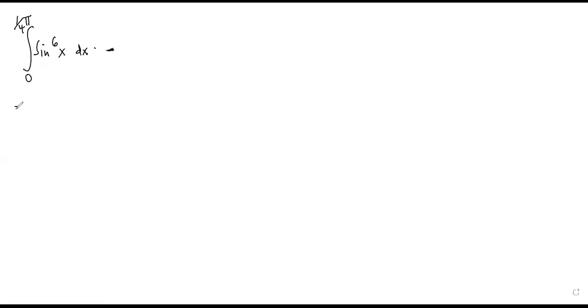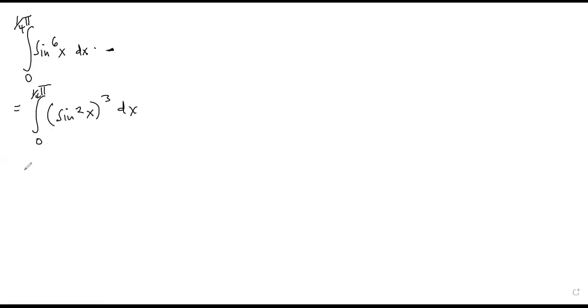This is the easiest. So it is the integral from 0 to a quarter pi of sine squared x, then to the power 3 dx. By laws of indices, when the 3 and the 2 multiply, they become 6, as you can see it.